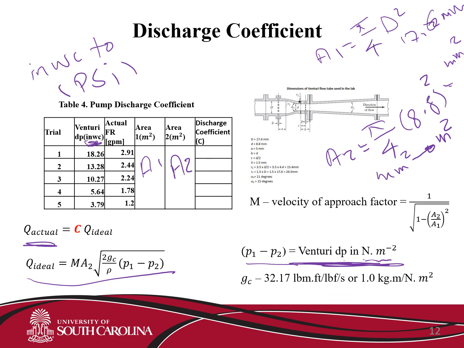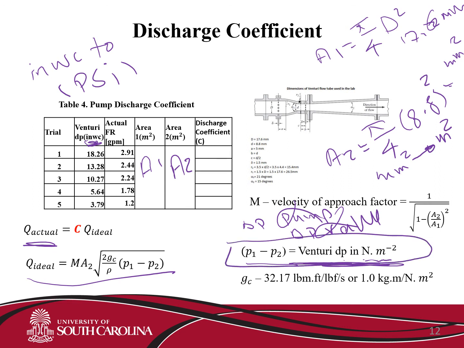Some students make a mistake, they use the dB for the pump, which is wrong. Or they use delta B for the valve. That's wrong. Use delta B for Venturi. This is the purpose of using the Venturi meter.